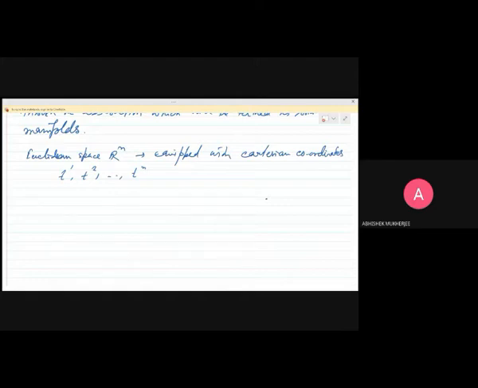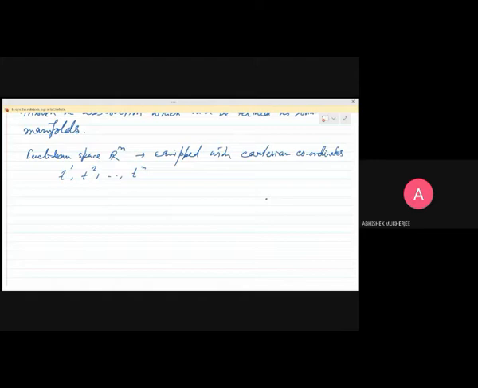Now, besides Euclidean spaces, there are other familiar examples of smooth plane curves such as circles, parabolas, and also some smooth surfaces. Suppose you are in R3, so you will have some smooth surfaces like spheres, tori, paraboloids, ellipsoids, hyperboloids.